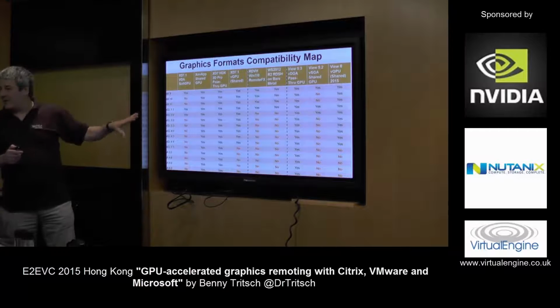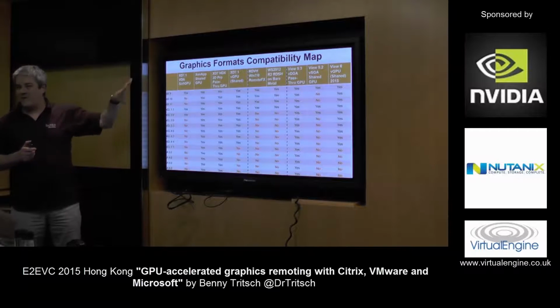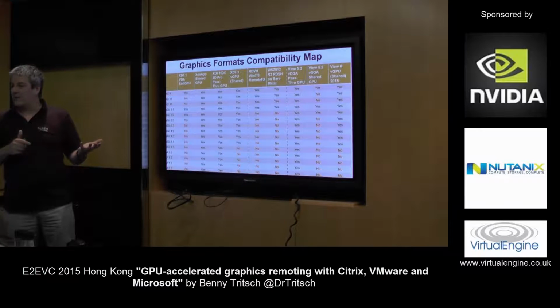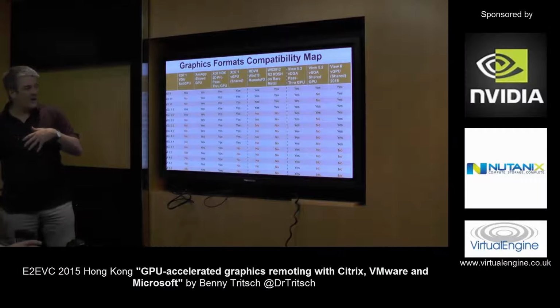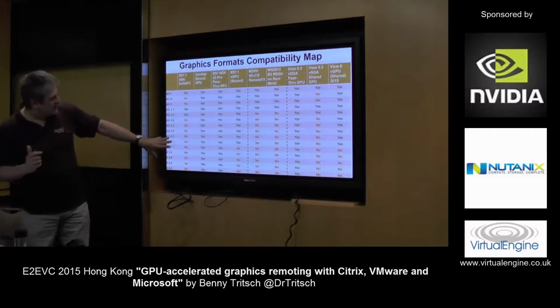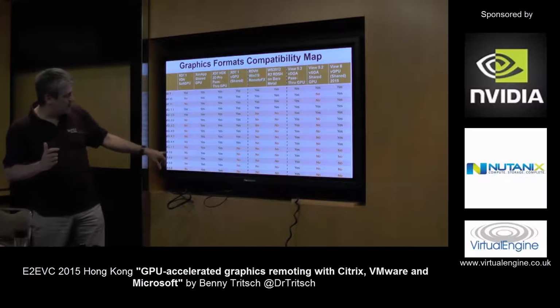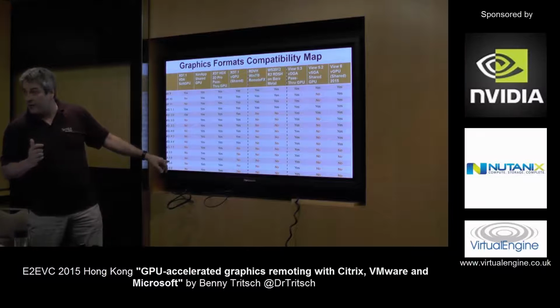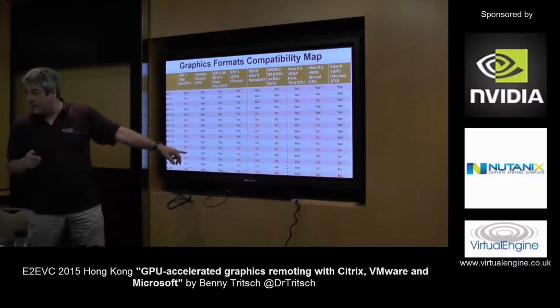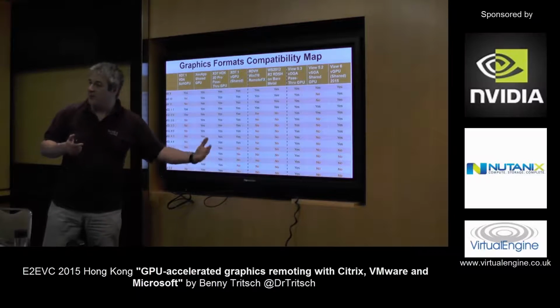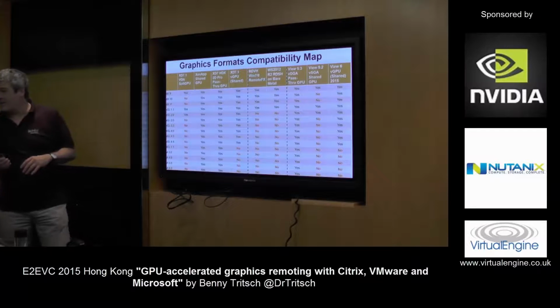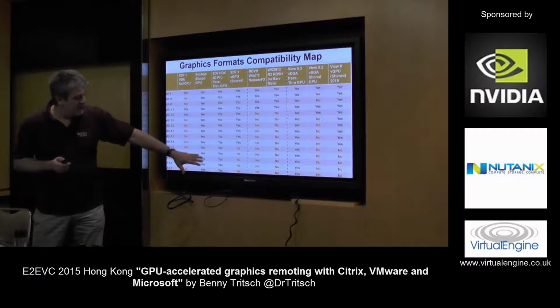And this is one of the, Jack also had one of those pictures, the matrix, which graphics forward is supported by which technology. So you see, sometimes OpenGL is a big problem, and sometimes, in particular, CUDA is a big problem because CUDA is NVIDIA only, so it's exclusive NVIDIA technology, or if you're using NVIDIA graphics cards, it's available.